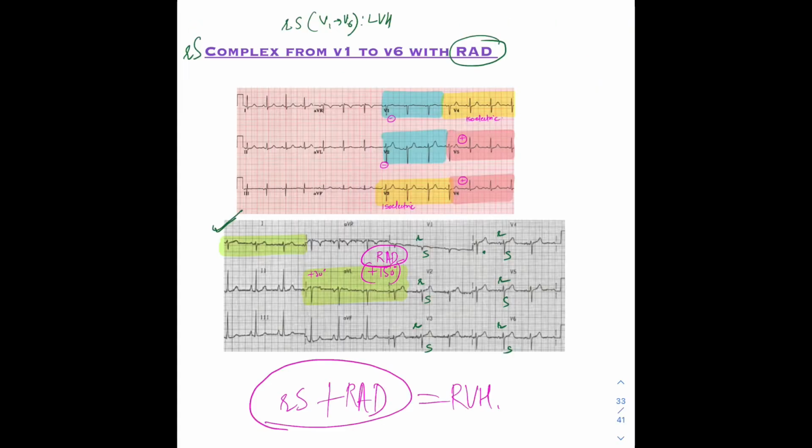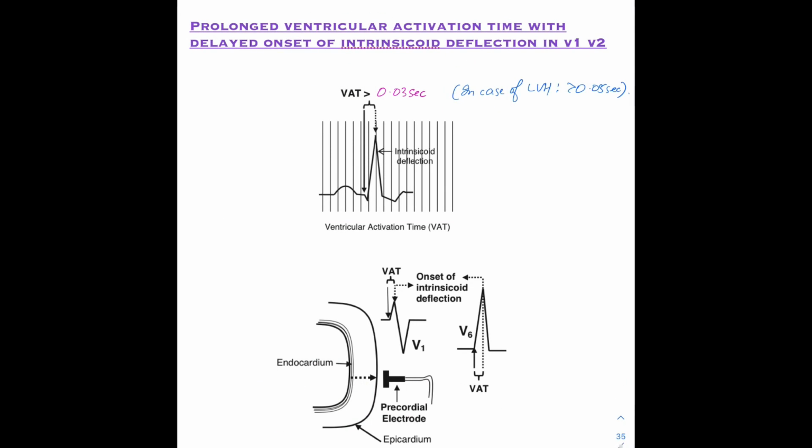Now coming on to the ventricular activation time and the intrinsicoid deflection. So in case of right ventricular hypertrophy, we have prolongation of the ventricular activation time with delayed onset of the intrinsicoid deflection in the leads V1 and V2. So just a revision, if you remember, in case of LVH, we also have increased ventricular activation time, which is represented from the onset of QRS complex to the peak of R wave.